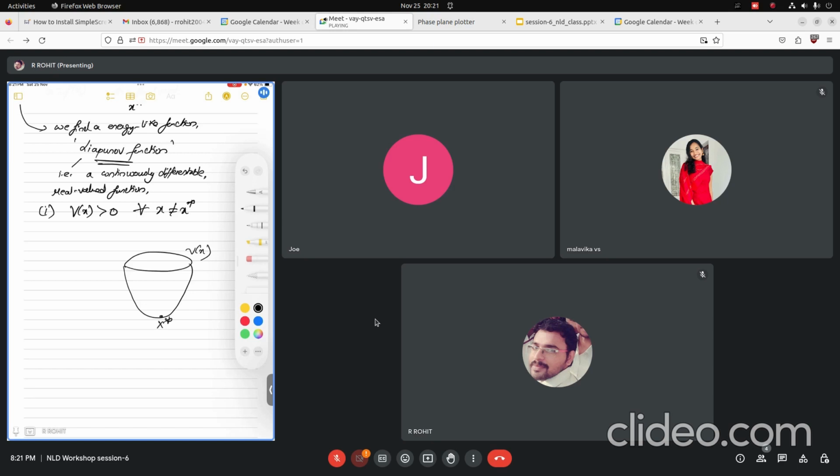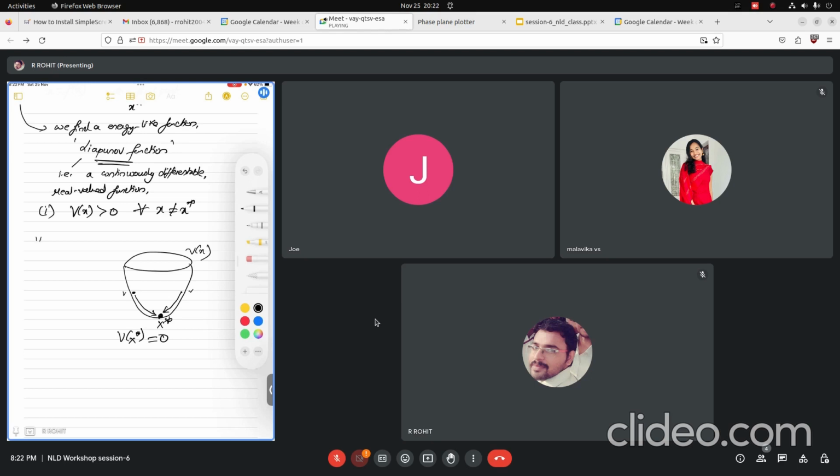The Lyapunov function which you have found should be greater than 0 for all x apart from this x star. That is, it should have some potential value. At this x star only, it should have the least potential. That is, at the fixed point v of x should be equal to 0. Then only it will try to come to this, because every system will try to minimize its energy. So any point, if it is standing here, it will try to come to this fixed point.